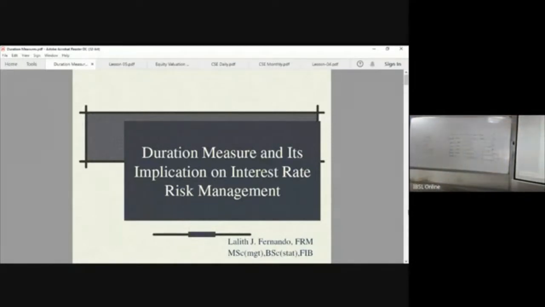So this is how the duration is explained in physical terms. But it is a very real analytical method. Now this analysis we normally do for interest rate sensitivity calculations. What do you mean by interest rate sensitivity?